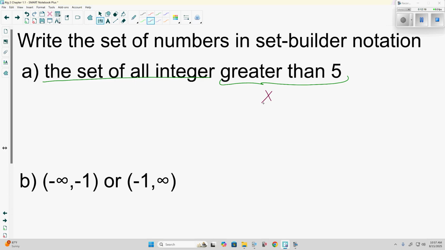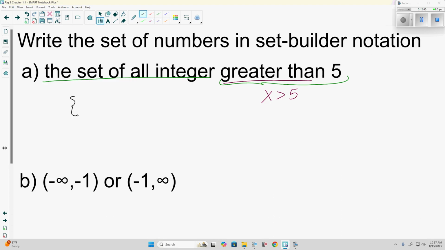And we're saying that this variable, this number, has to be what? Greater than 5. So that would be our inequality description of our types of numbers, yes? And we know that the group of numbers we're talking about is integers, yes?